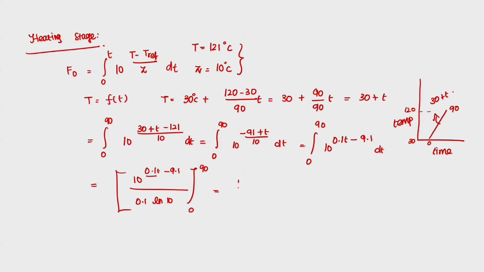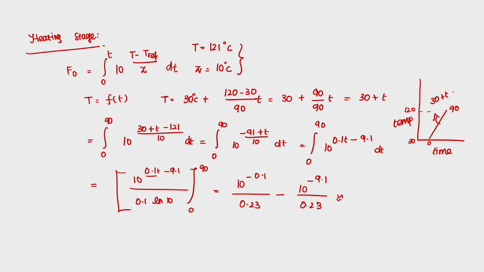This becomes 10 to the power of minus 0.1, because at 90 it is 9 minus 9.1, divided by 0.23, minus, when you substitute 0, 10 to the power of minus 9.1 divided by 0.23.